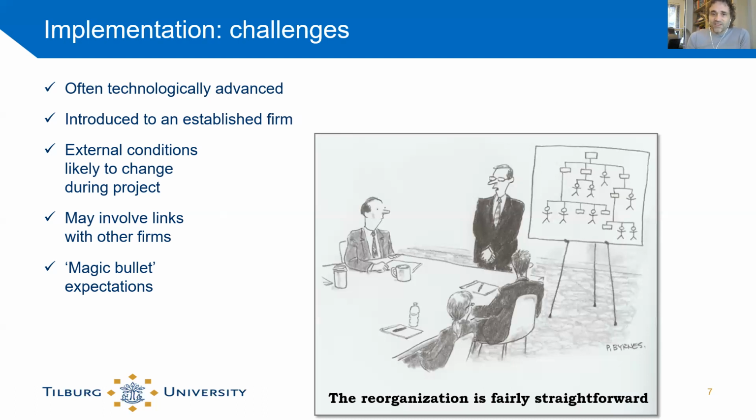Oftentimes an organization decides that they need a completely different course of action altogether, and then a project is discontinued, and a new project starts. So it's not always that you make a plan and can actually conduct the plan as planned. Things change during the course of a project.